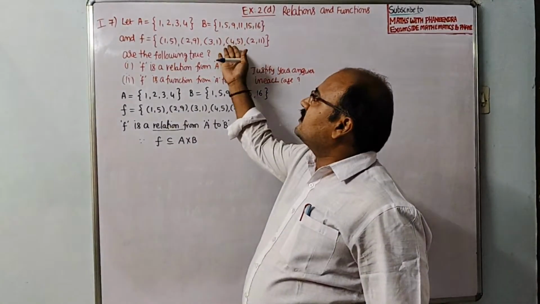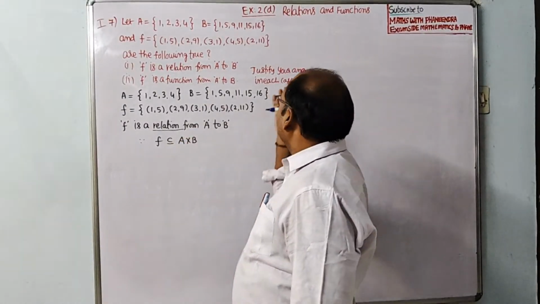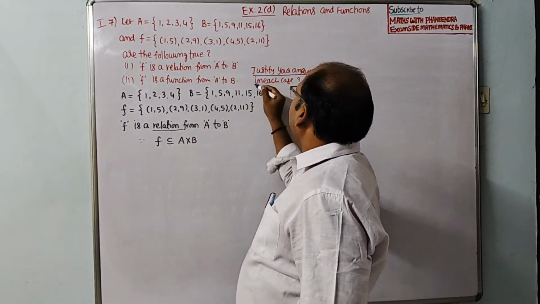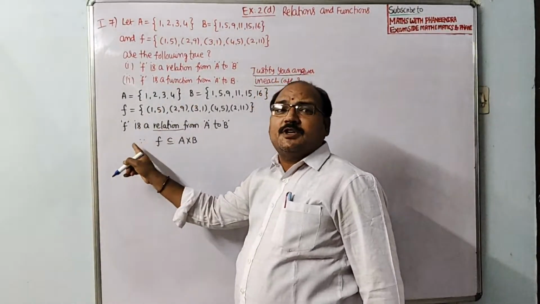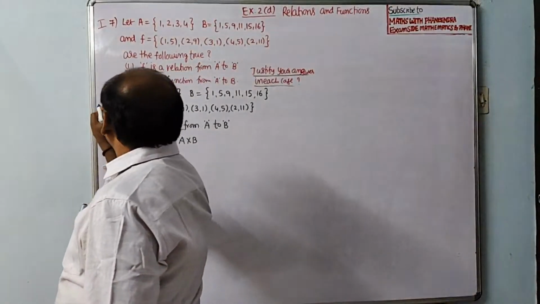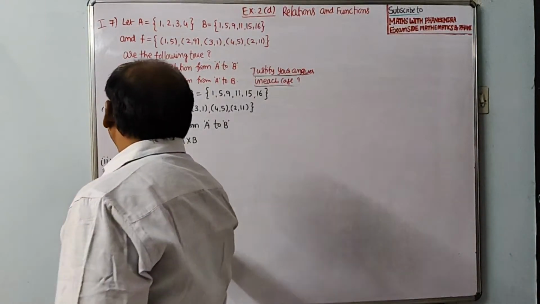In that, it is a subset. This is only justifying your answer in each case. Because of this reason, F is a relation. So the first question is completed. Come to the second one.